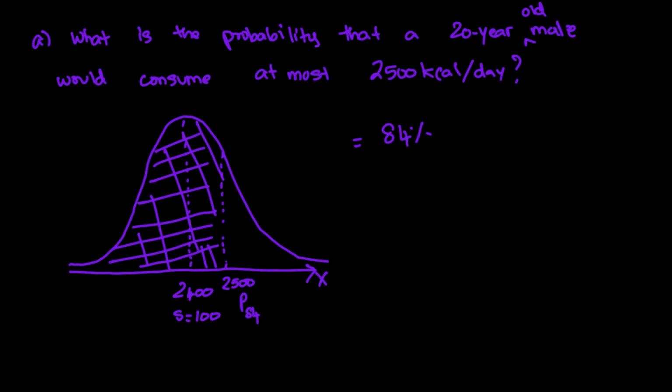So the probability that a 20-year-old would consume at most 2500 kilocalories per day is 84%, or just 0.84.